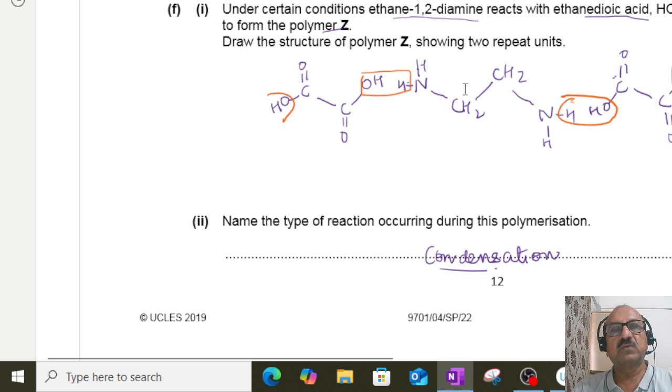In this case, you have to draw the structure of the polymer showing 2 repeat units of 1,2-diamine, this one, and ethanedioic acid, this one. You know that the carboxyl group and the NH2 group, when they interact, can form the peptide bond CONH, and a water molecule can be removed, so a condensation reaction takes place. Since you have to form 2 repeat units, and 1 repeat unit contains 2 molecules, there are going to be 4 molecules in the answer.